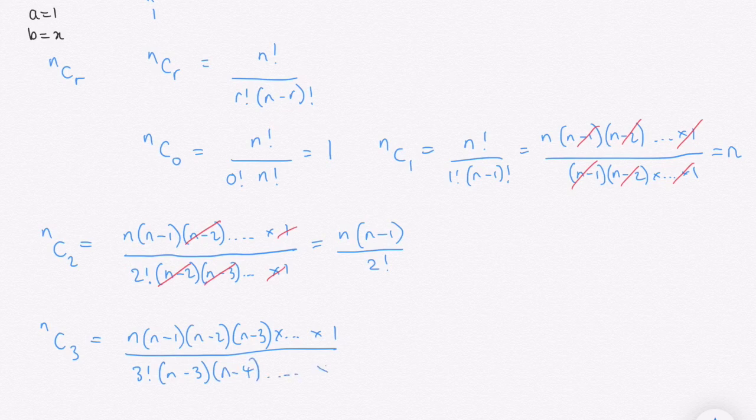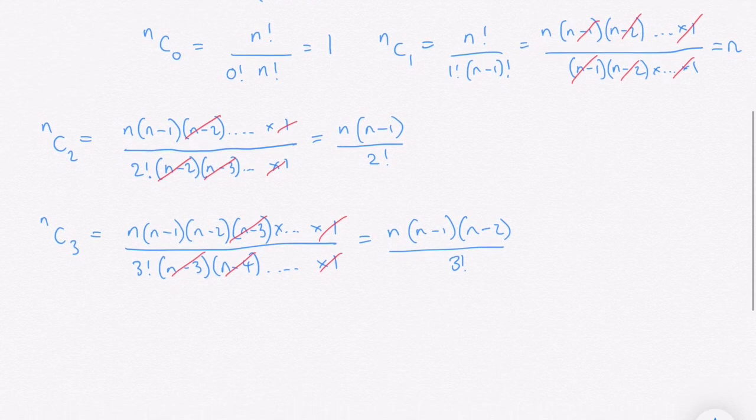All of these factors on the denominator cancel with a factor on the numerator. So we end up with n times n minus 1, n minus 2 over 3 factorial. And in general, what do we think n choose 4 might be?